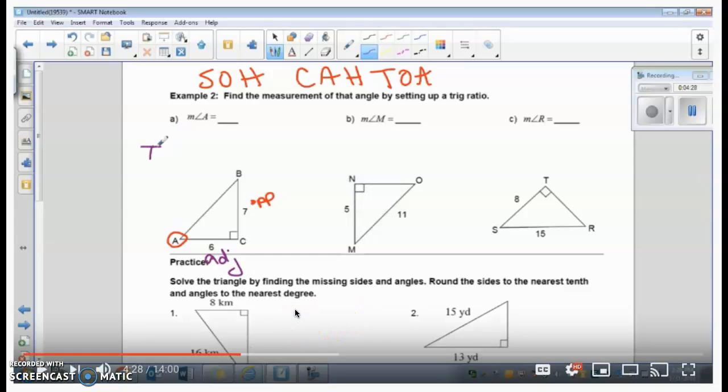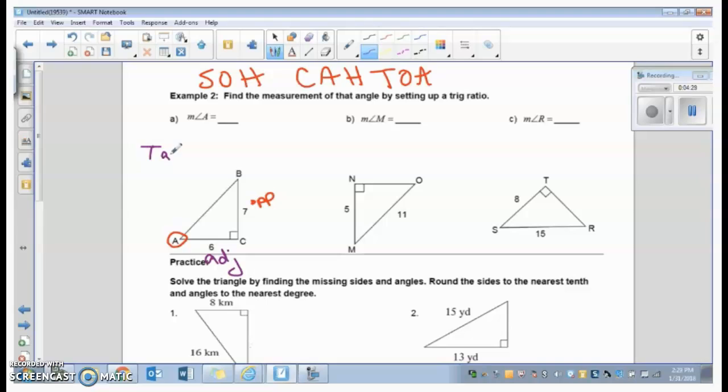So we decide, am I looking at sine? Well, we don't have the hypotenuse given, so that wouldn't be best. Cosine wouldn't be best either, because we would have to take an extra step to calculate the hypotenuse. It's much better to use tangent, because all we need is opposite over adjacent, and those are given to us. So tan of A equals 7/6.